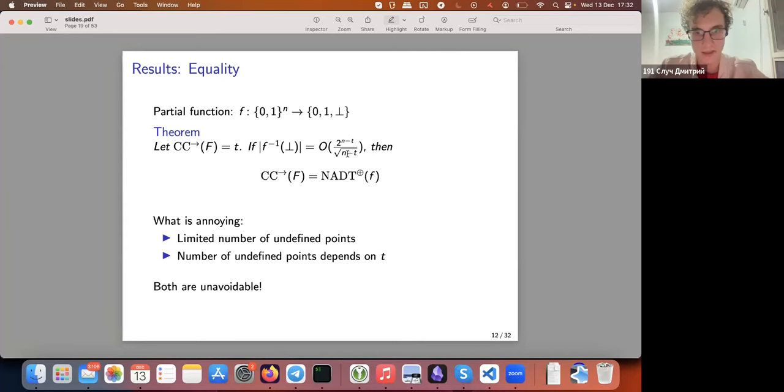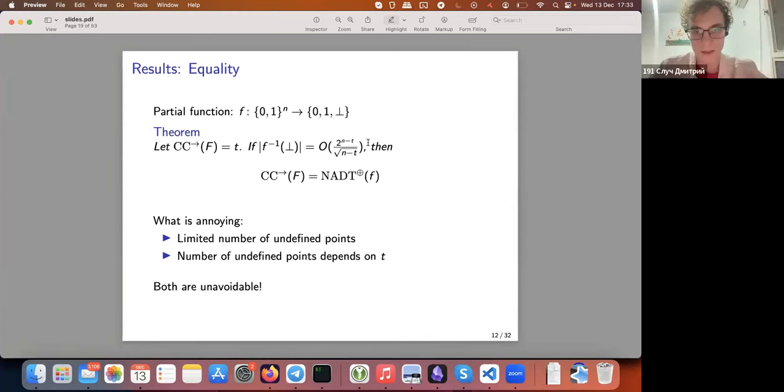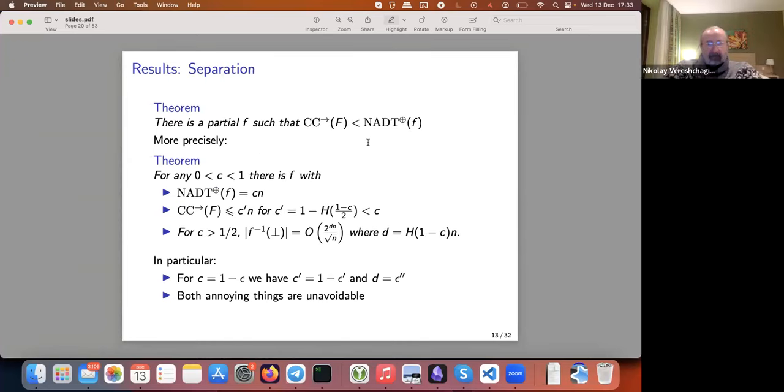Maybe it can be strengthened a bit, but for example, if there is no such upper bound for the number of undefined points, then it's not true, probably, right? Yeah, if there's no upper bound, it's not true.